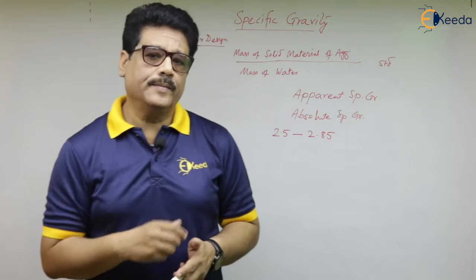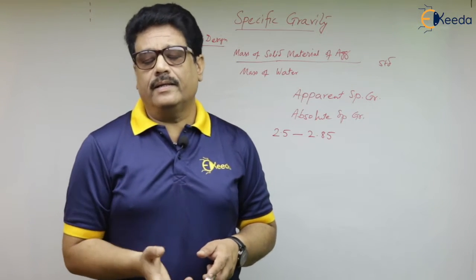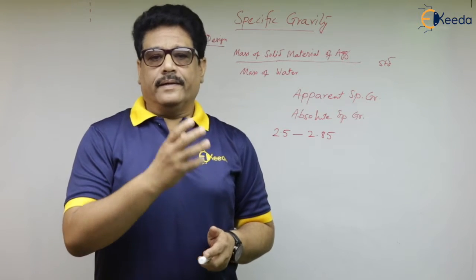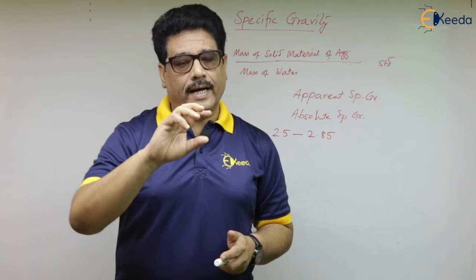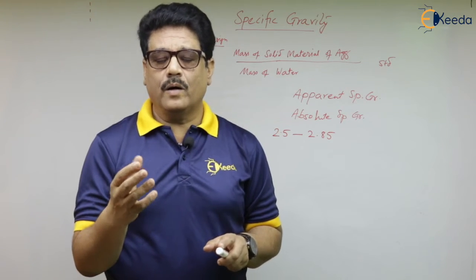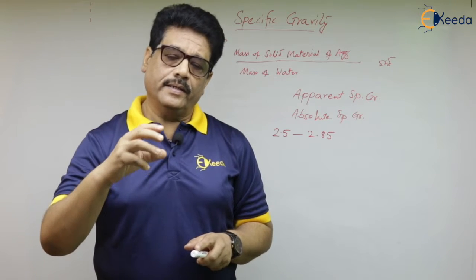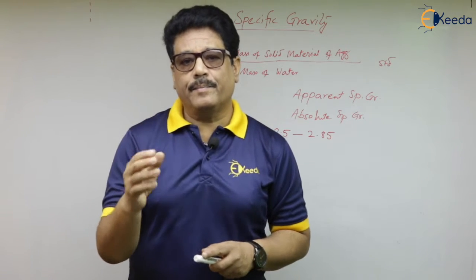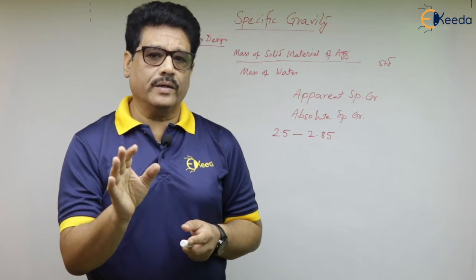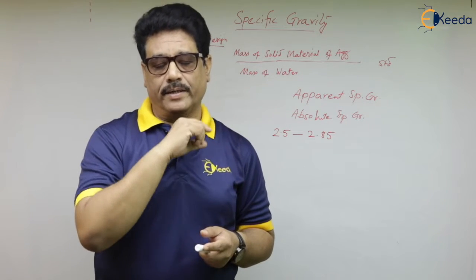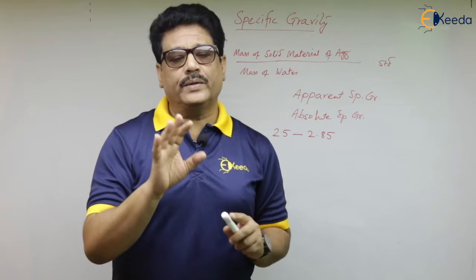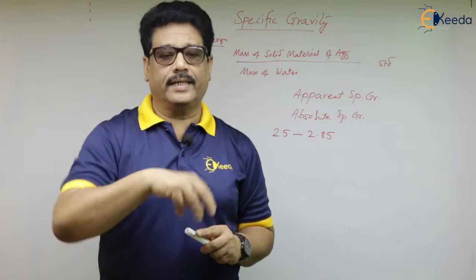The determination of specific gravity in the laboratory is very much possible, as the surface of the aggregates may be totally dried, or the surface of the aggregates may be wet, or there may be totally no water present inside the aggregate particle, or there may be full saturation by water inside the aggregate.